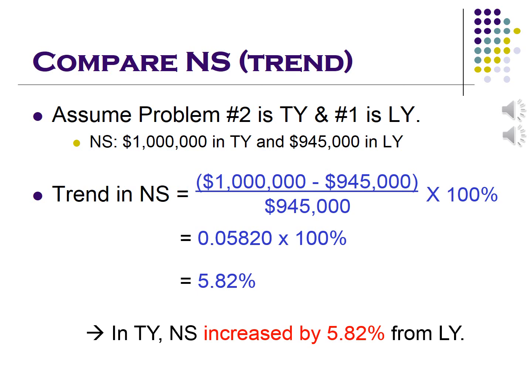That's because the two formulas used different denominators. The denominator of the formula is last year's sales. In this case, we used $945,000 as last year's sales, whereas in the previous slide, last year's sales was $1 million. So that makes not only the sign, but also the percentage number itself different between the previous problem and this problem.